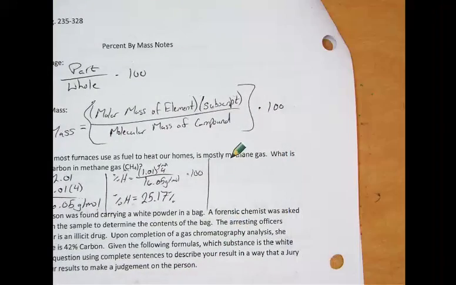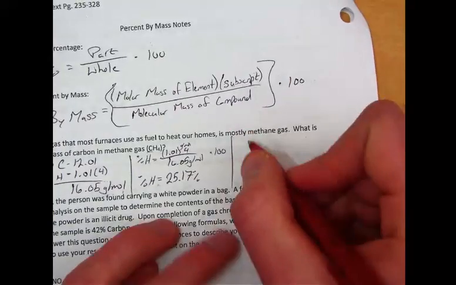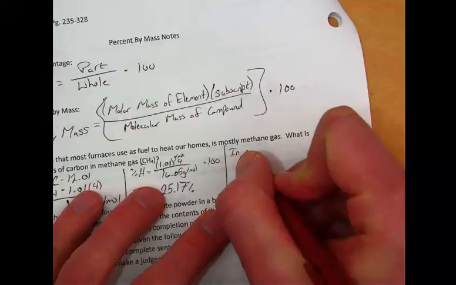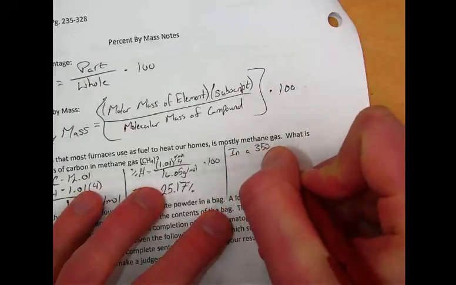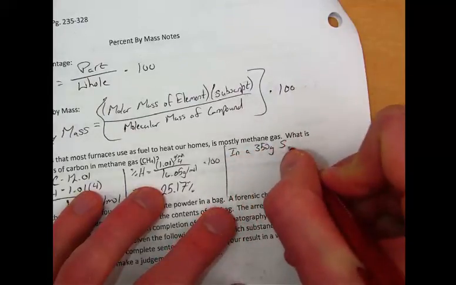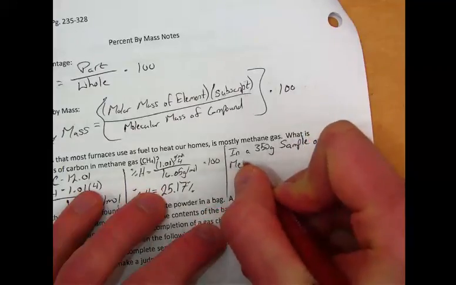All right, let's move on to add one more problem just to make sure that we've got this fully secured and understood. We're going to say in a 350 gram sample of methane, how many grams are carbon?